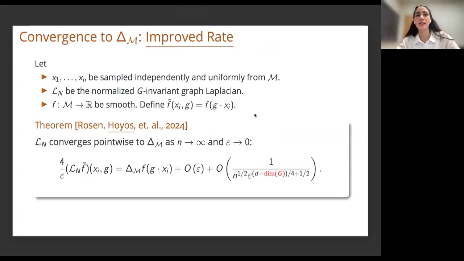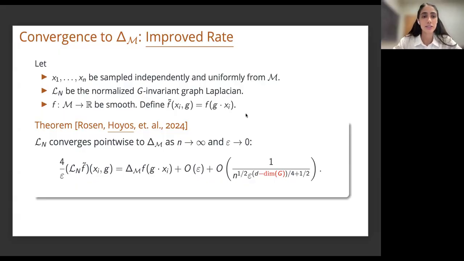Now, let us see what happens when we're trying to approximate the Laplace-Beltrami operator on the manifold. Again, we have n data points that are sampled independently and uniformly from the manifold, and consider the normalized G-invariant graph Laplacian that we just introduced. If we have a smooth function, we can go from this function to another function f tilde on our product space just by considering how G acts on each data point by this formula.